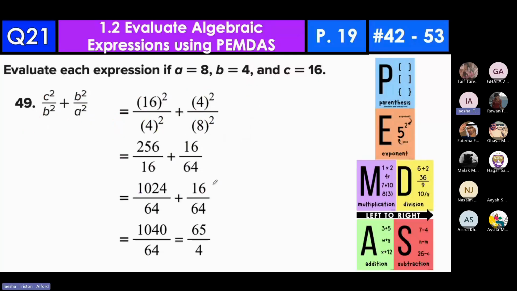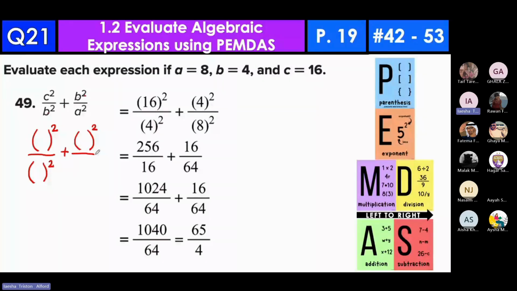Number 49, they give you a fraction. It's the same. You have the C, put parentheses, put the 2 out, put the fraction bar. For the B, you put the parentheses, you put the 2 up. The plus, you keep it. The B, parentheses, and put the 2 up.